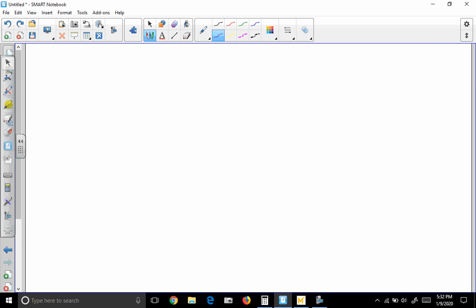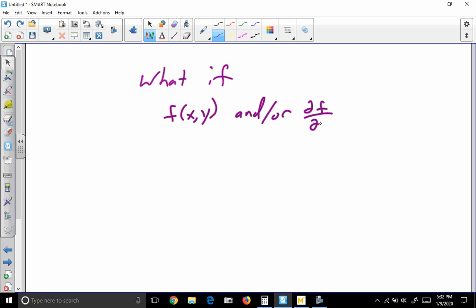So let's be careful what that doesn't say. So what if f of x and y, and or the partial of f with respect to y, fail continuity at the initial condition?